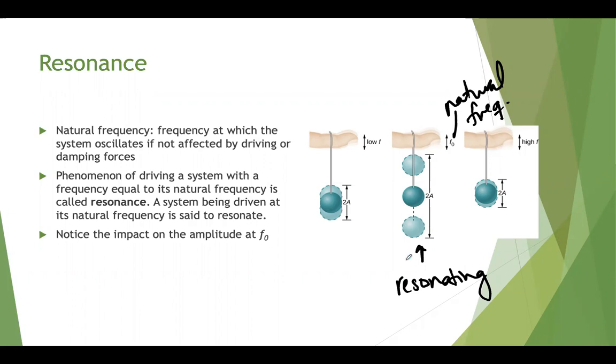So it will be at its highest amplitude here. Then when we have a really high frequency, it again goes back down to a smaller amplitude here. So just understand what that natural frequency means for the resonance, and how the amplitude and resonance relate.